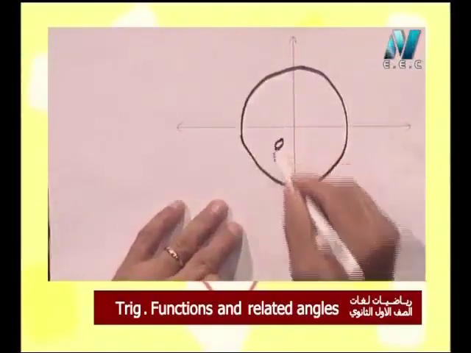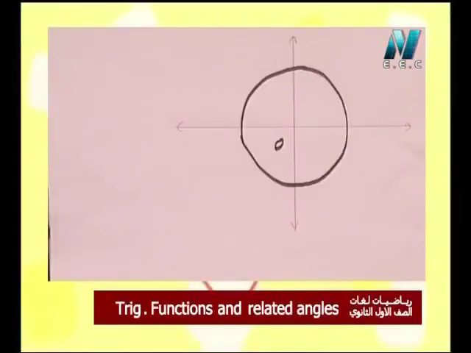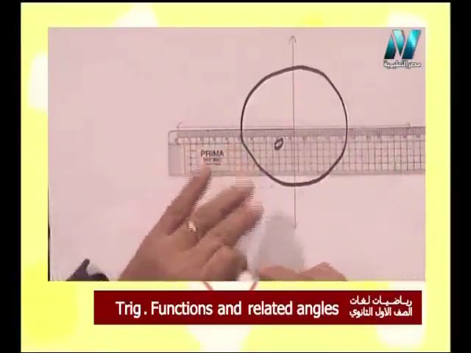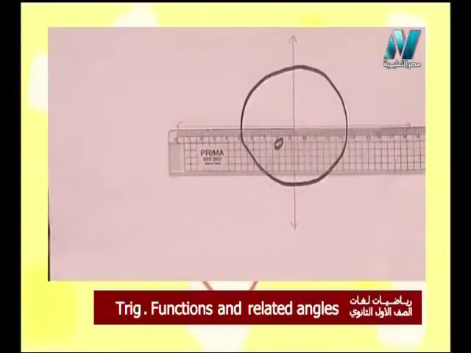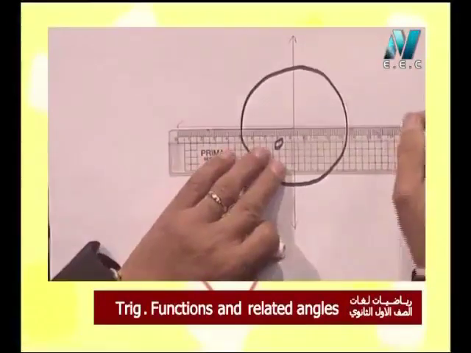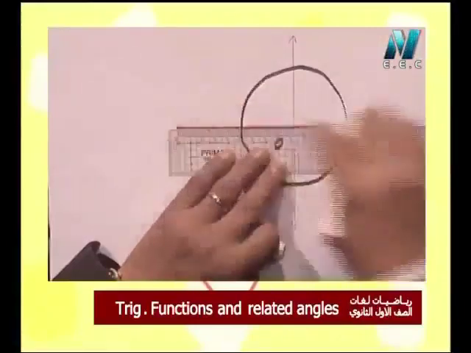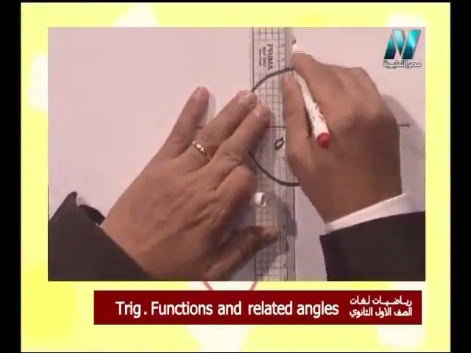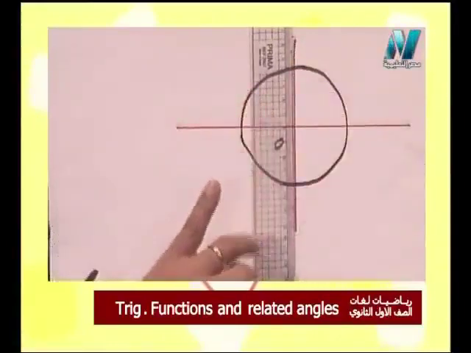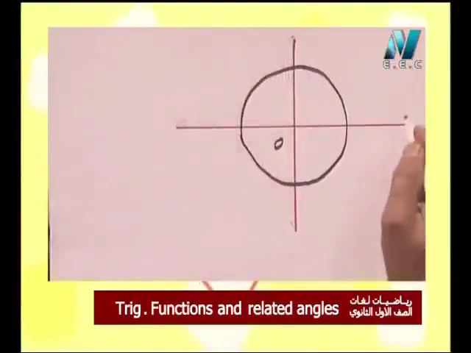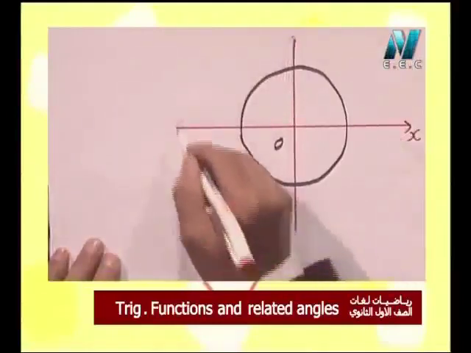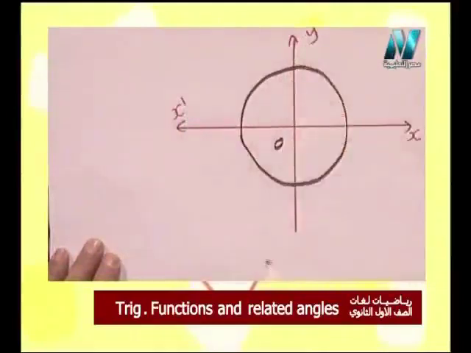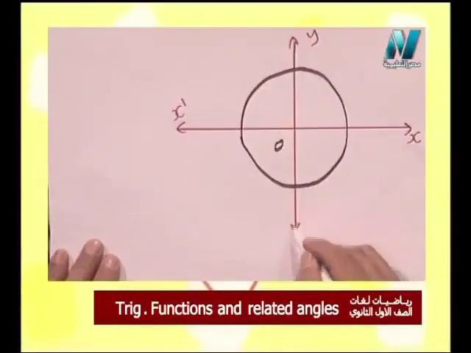We have the origin point, and this is the x-axis, and we have here the y-axis. This is x, this is x dash, which is negative, this is y, and this is y dash.